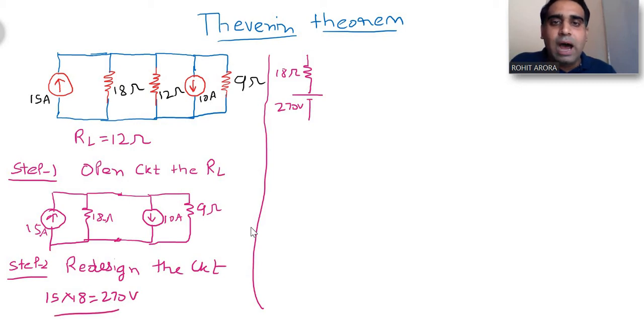Now after that, this 9 ohm resistance, now convert into voltage, that is 90. The arrow is downward, so I am taking it like that. This is 90 volt, correct?